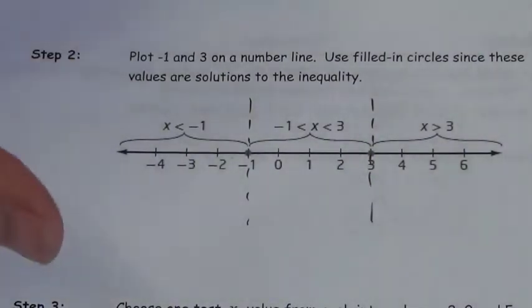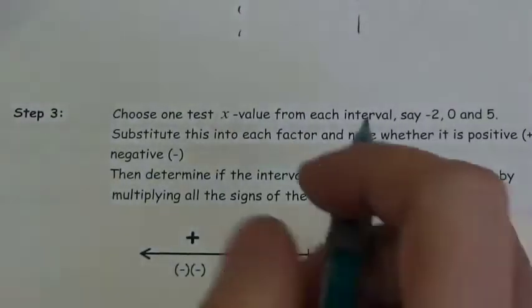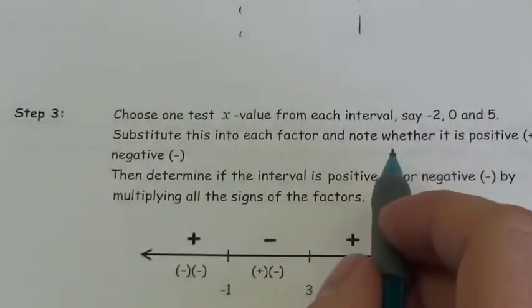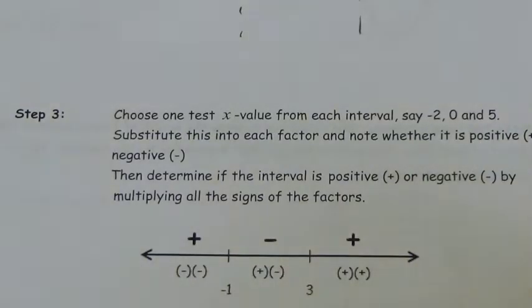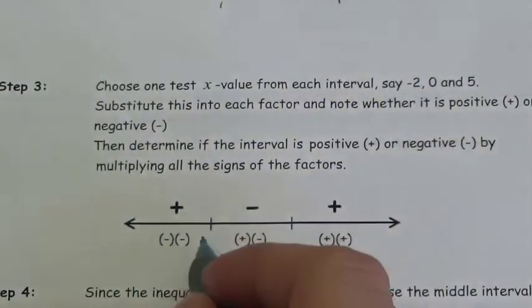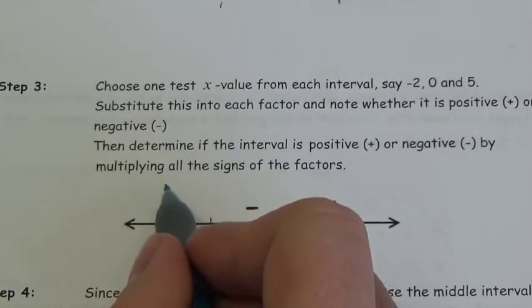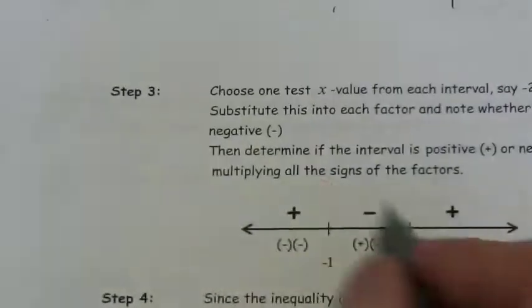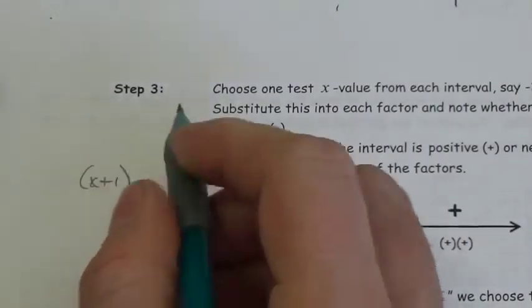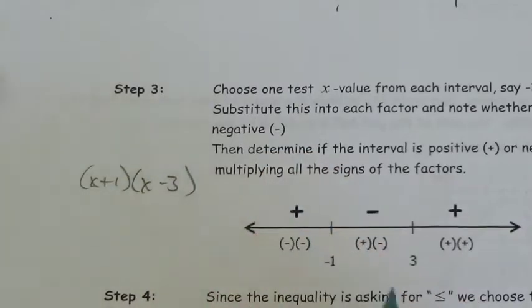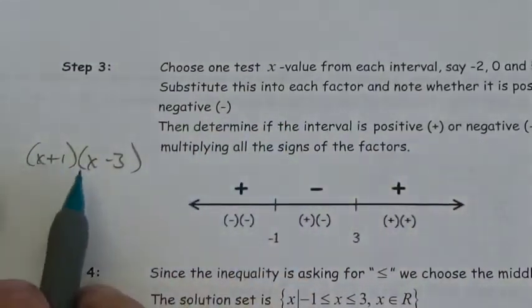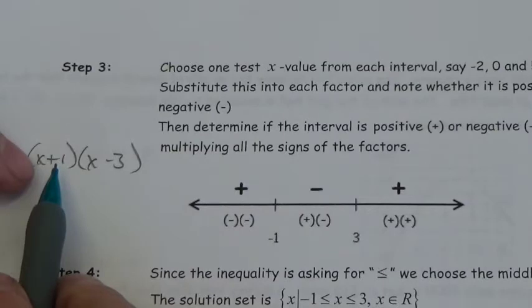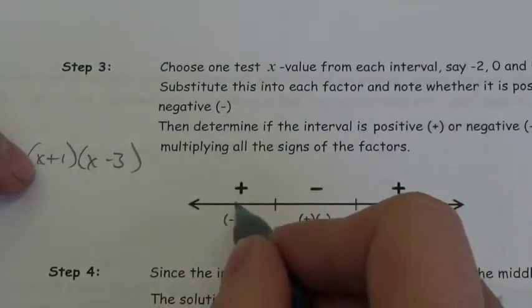Now, the next part can be done in one of two ways. You could, as is suggested here, start to choose test values and plug them in. For example, if you choose negative 2 as a test value, and let's remember the two factors were x plus 1 and x minus 3, if you plug negative 2 into that, negative 2 plus 1 is going to get us a negative number.